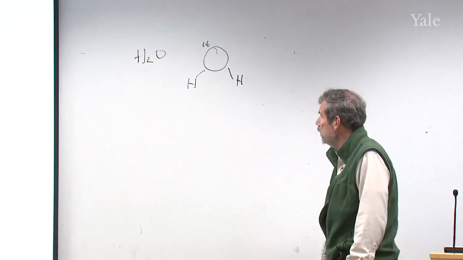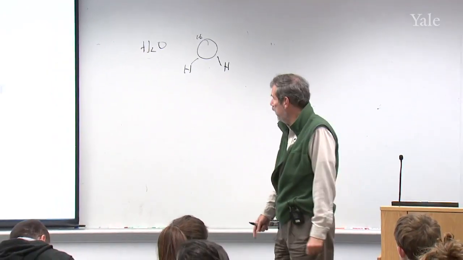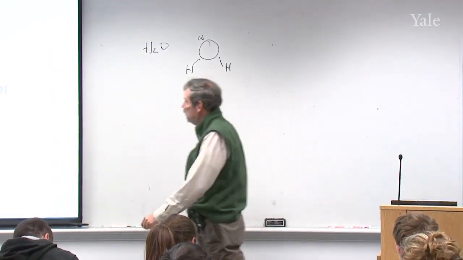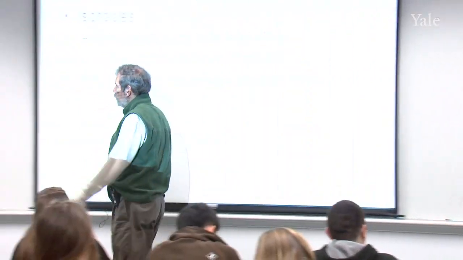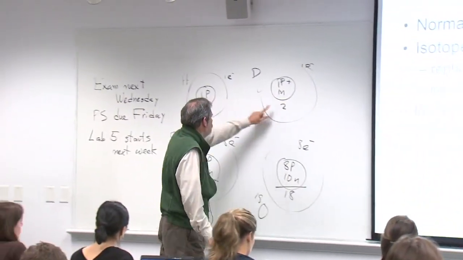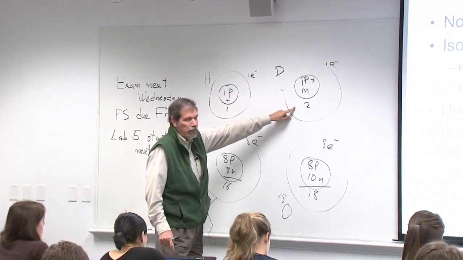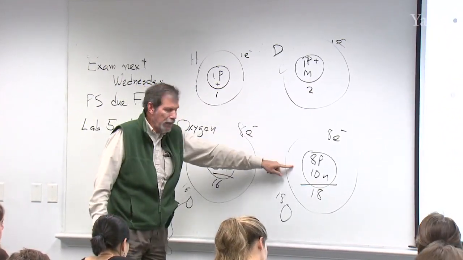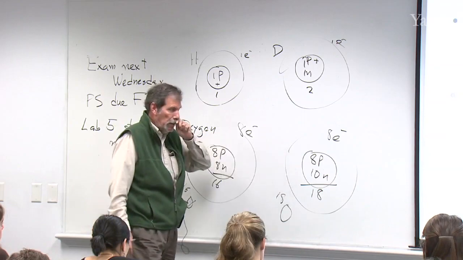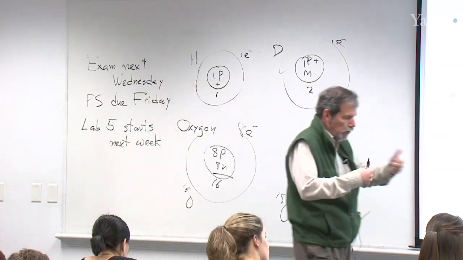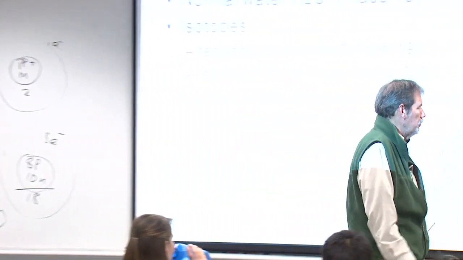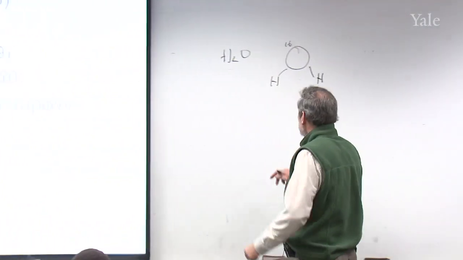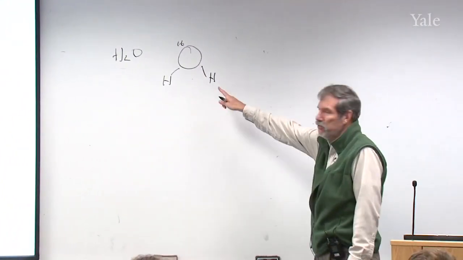The hydrogens droop off it at an angle. That's by far the most common, because this is much more common than that by a factor of 1,000 or so. And this is much more common than that by a factor of 1,000 or so. So if you just randomly put these atoms together to form molecules, almost everything is going to be like this.